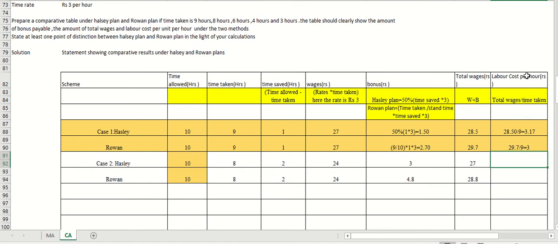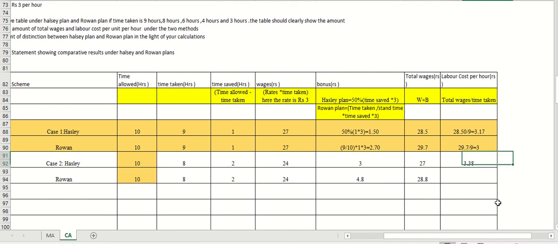So your labor cost per hour is 27 divided by 8, which we get 3.38, and in the second case 28.8 divided by 8, which we get 3.60.